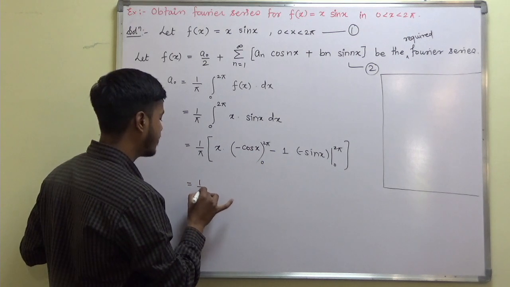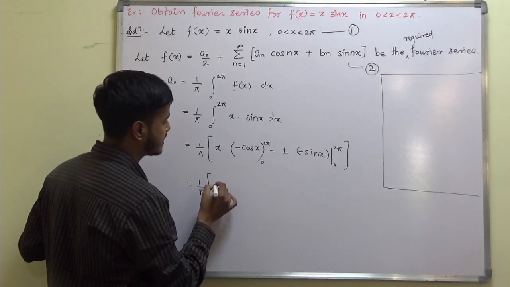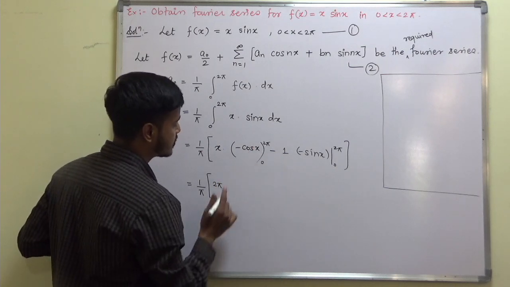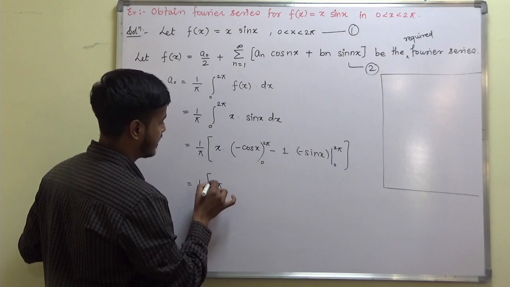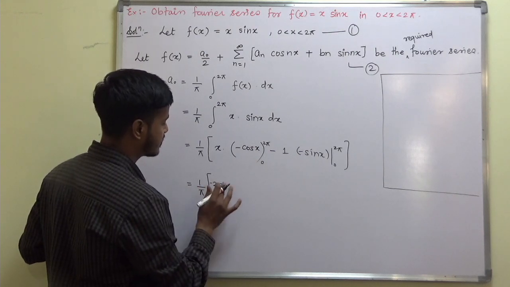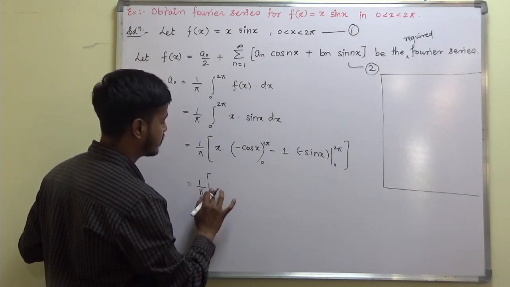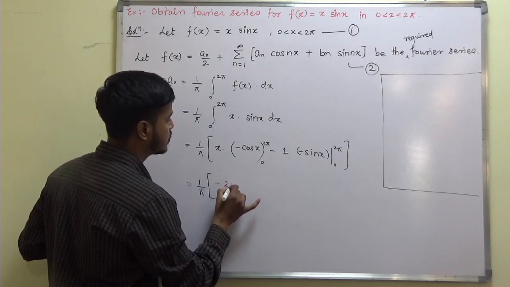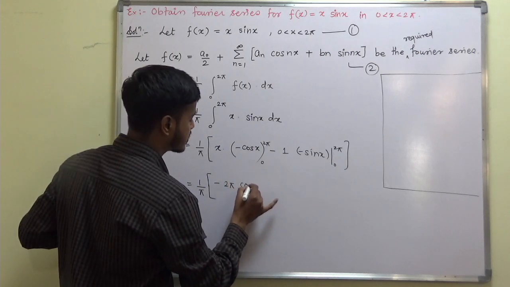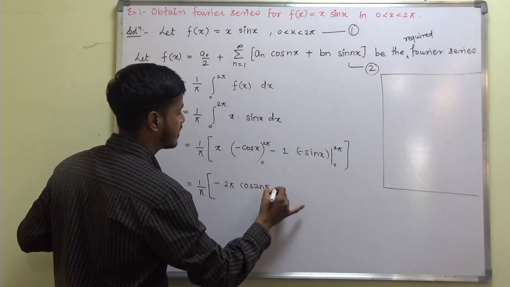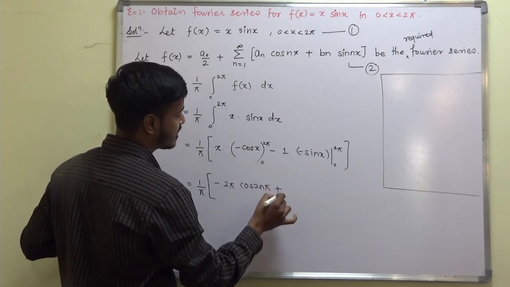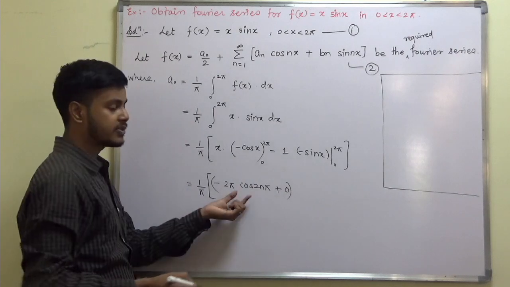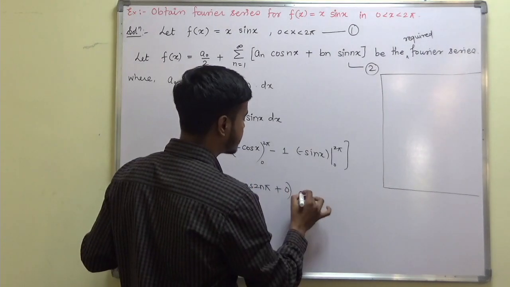So this is 1 by pi, then x which is 2 pi times cos 2 n pi, with the minus sign outside, and 0 into anything is 0. So upper limit minus lower limit gives minus minus becoming plus.